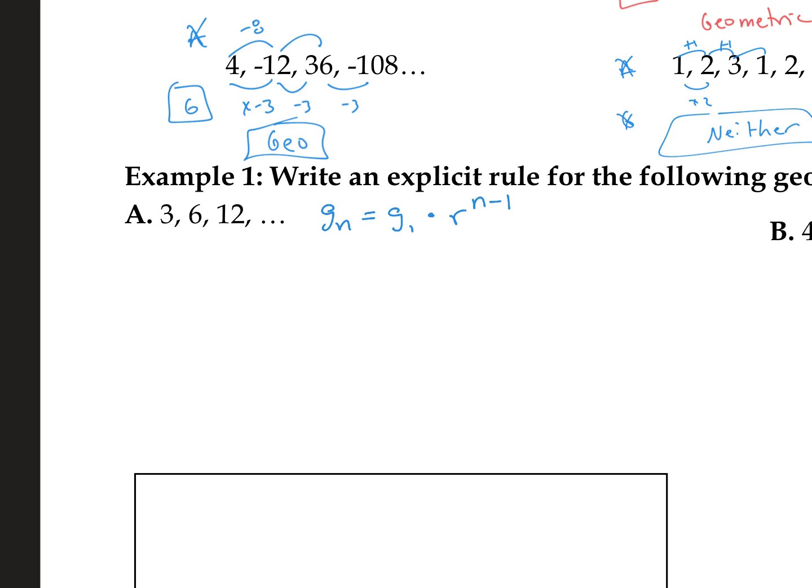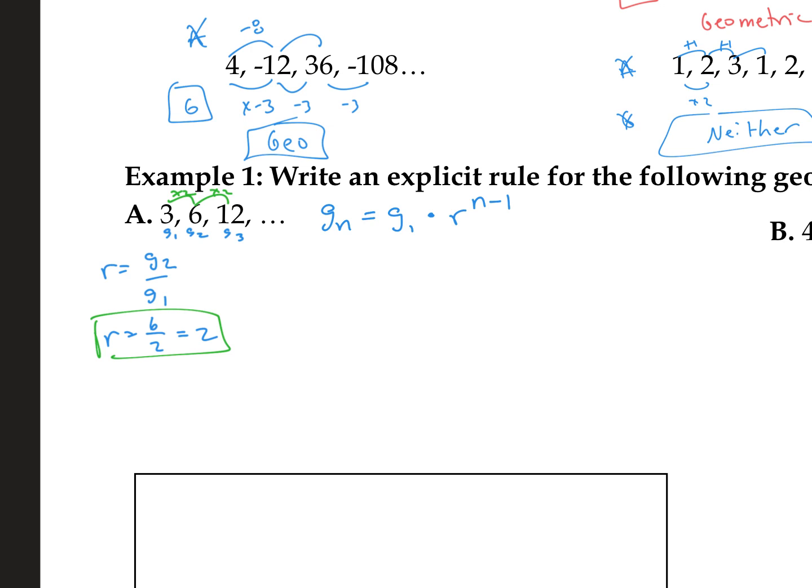To find your r, your common ratio, it's going to be g2 over g1. So in this case, this is g1, this is g2, this is g3. So 6 over 2, so my r is 2. That'll help you out. What that's saying, that my r is 2, is that each time I'm multiplying by 2. And that's what I'm doing.